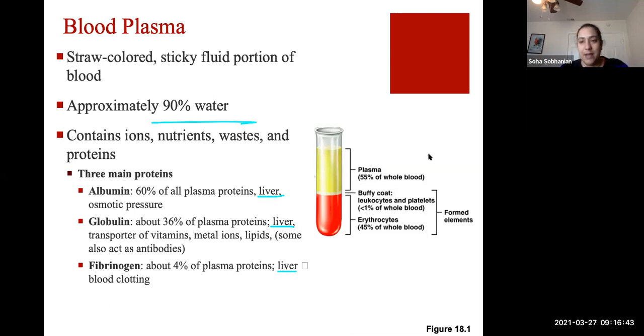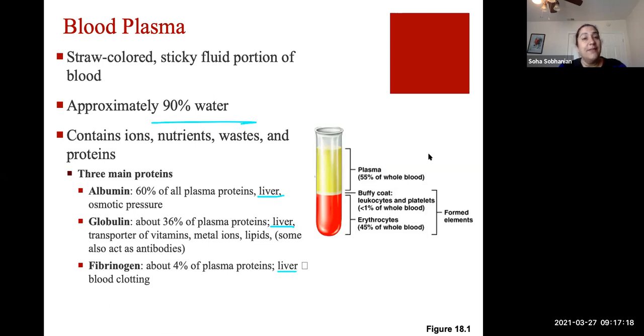So let me type this for you guys so you can have that answer. Albumin is a protein that keeps the water in the blood vessels and prevents it from leaking into the tissue and causing tissue swelling, which is known again as edema.